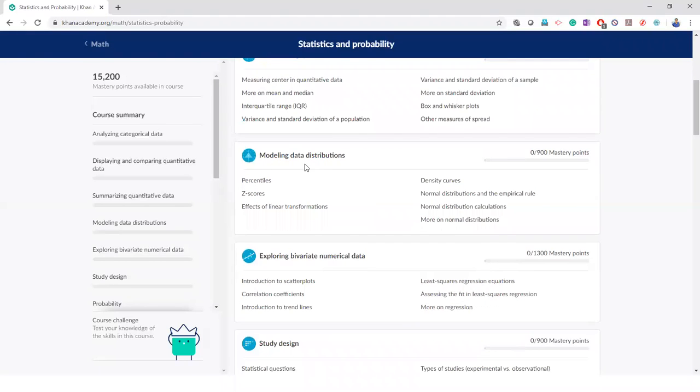Then modeling data distribution. Data distribution is where you will study how the data is distributed across the different values it can have. To reiterate, say we're talking about the height of a person, and we collect the data for the whole of India. Now we know the average height in India is 5.3 or 5.4.